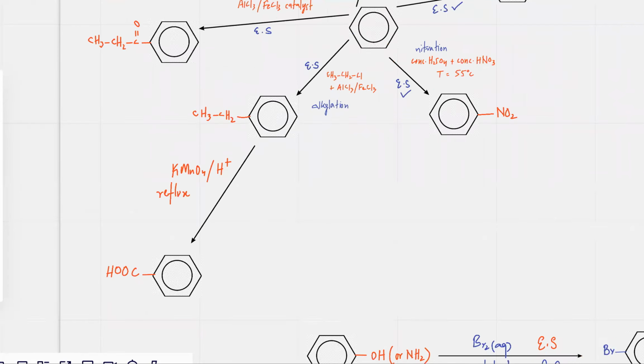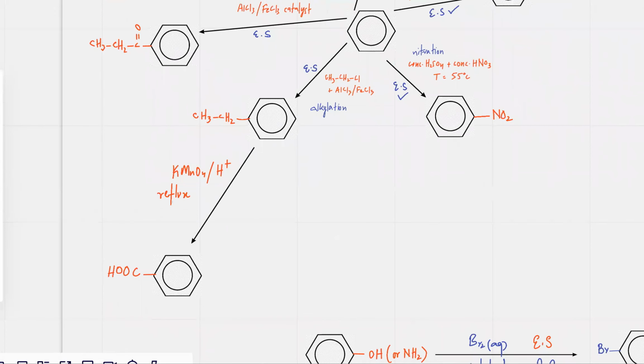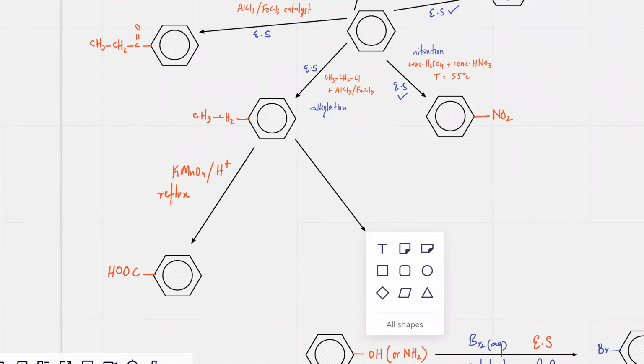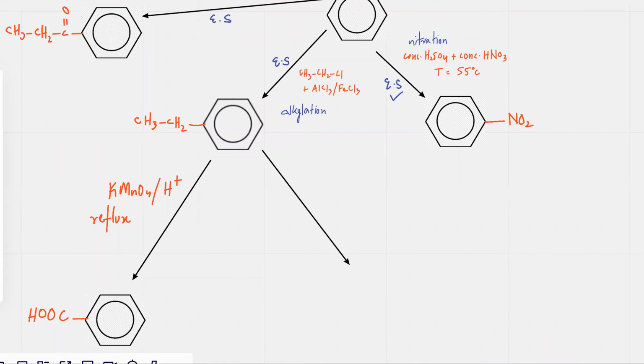The other thing that's going to happen is that if you've got a carbon chain, what you can also do is free radical substitution.